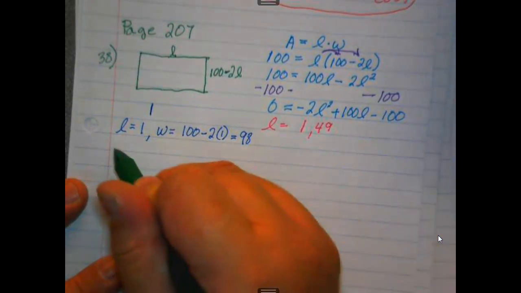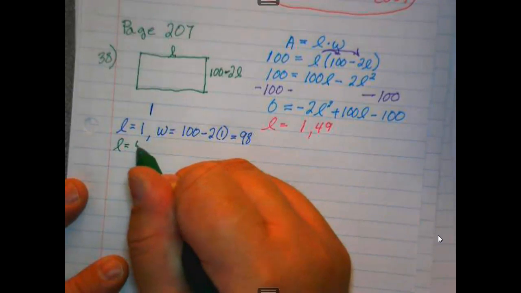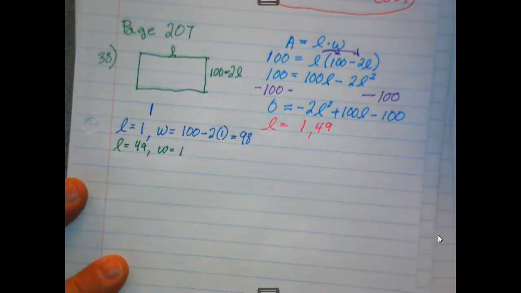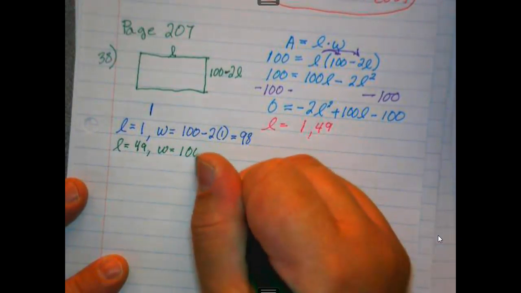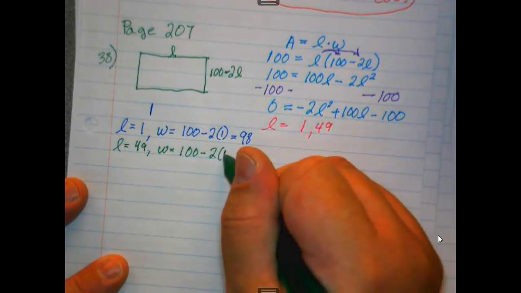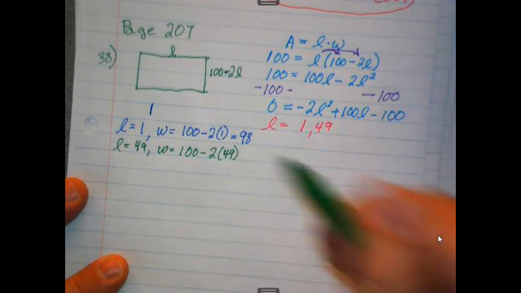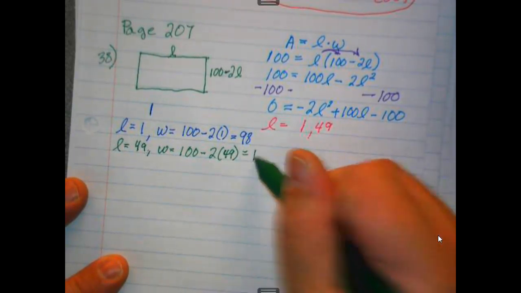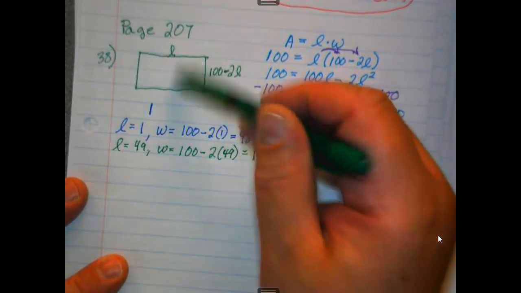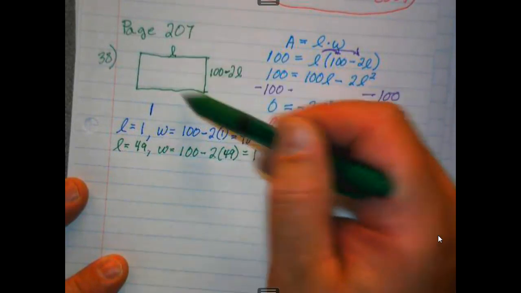L is 49, W equals 100 minus 49 times 2, which is 98, and we get our answer. So either a rectangle is going to go this way, or you could put the rectangle that way.